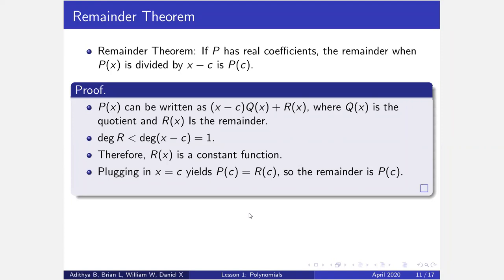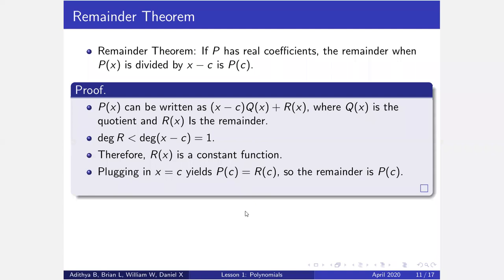The degree of q would be the degree of p minus 1, so that when you multiply q by x minus c, you get the same degree as p. And the degree of the remainder has to be less than the degree of x minus c. So the degree of the remainder, r, is just 0. So that means that r of x is a constant function.